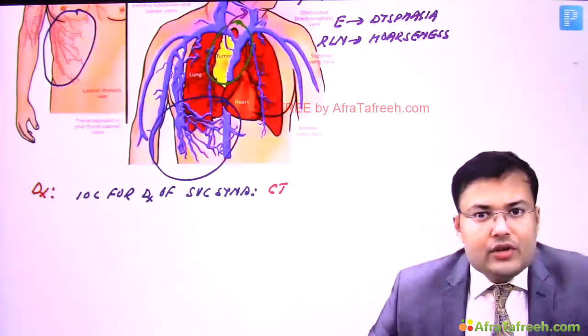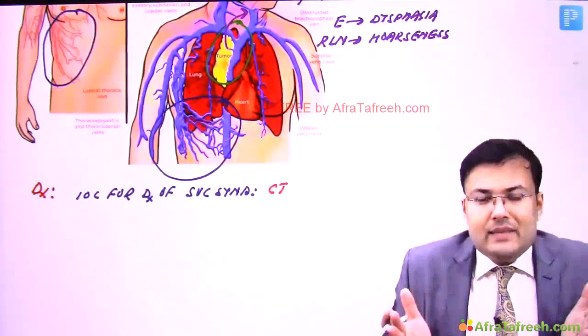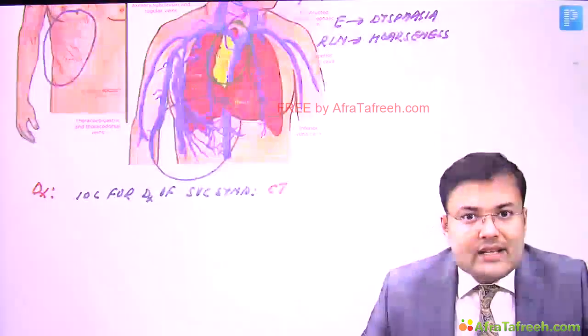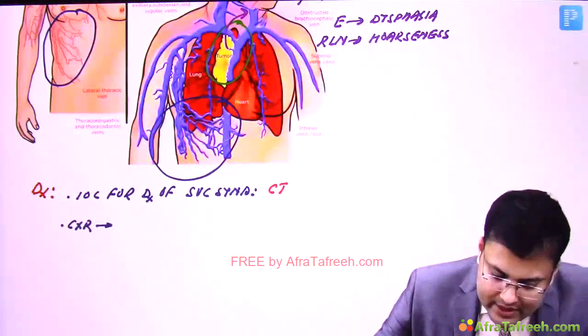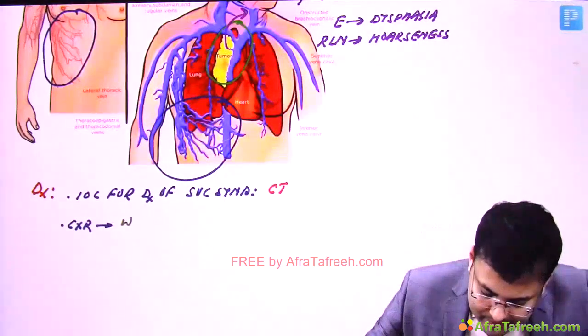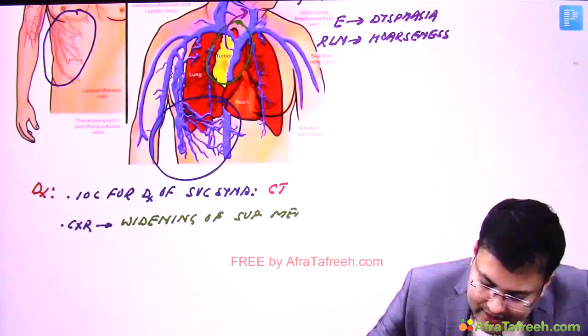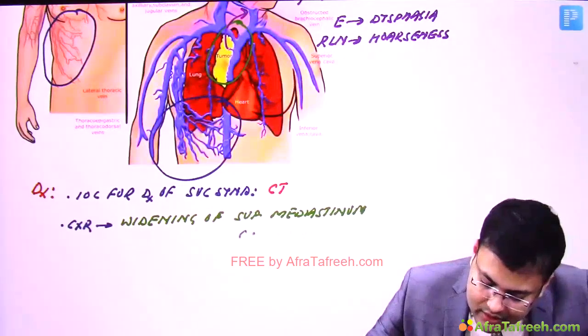Now if we go for chest x-ray, what you are going to see here, since the tumor is here, there is widening of mediastinum, and this widening of mediastinum is more common on which side? Right side. So on chest x-ray there is widening of superior mediastinum, and generally there is widening on right side. Clear?